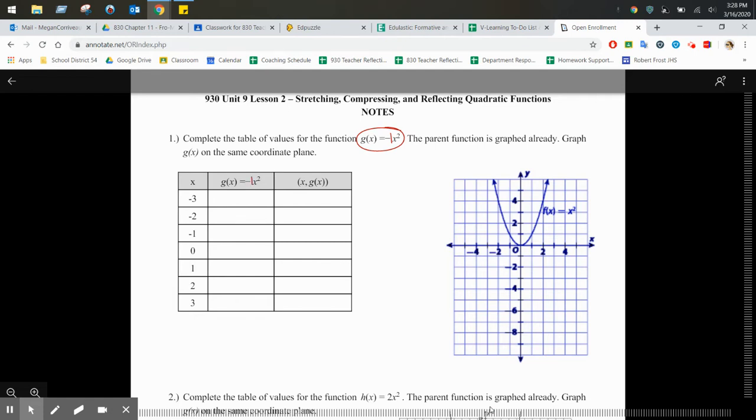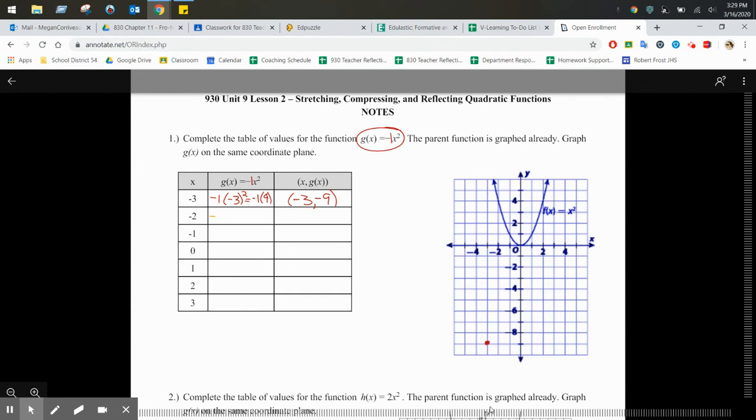So in this first one, that would be -1 times -3 squared, or -1 times 9, which would give us -9, right? So my first point would be at -3, comma, -9. -3, -9, all the way down here.